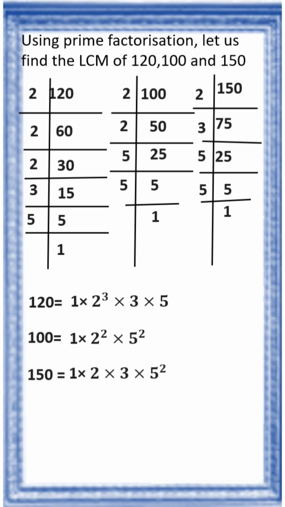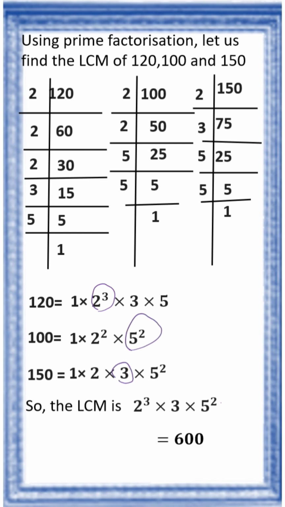So 150 is equal to 1 into 2 into 3 into 5 square. So LCM is the highest powers: 2 cube, 3, 5 square. Now 2 cube into 3 into 5 square is equal to 600.